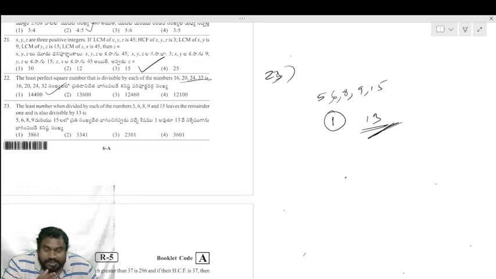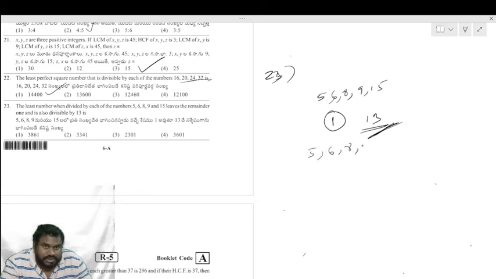By dividing with 13, you can eliminate some options easily. That is one way. And I just told you, if any number is to be divisible by some group of numbers, just take the LCM of them.